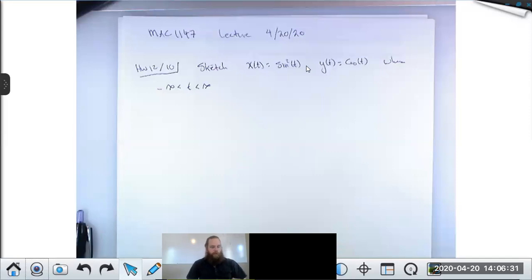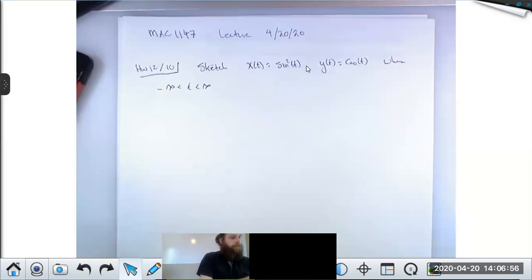That's always an option when you're trying to draw a graph. But really what we'd like to do is eliminate the parameter t somehow. And the trick to doing that for this problem, and for most of these problems that involve a sine or a cosine, especially if one variable involves one and the other variable involves the other, is going to be to use some form of the Pythagorean identity, sine squared plus cos squared equals 1.